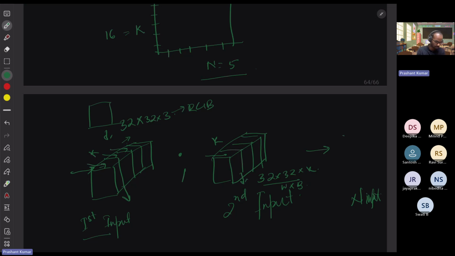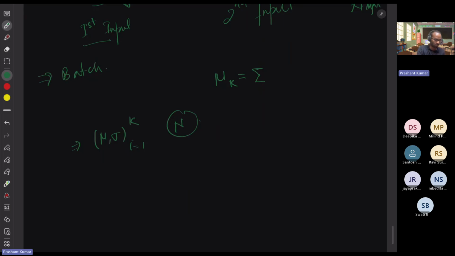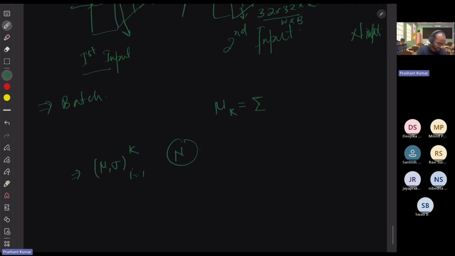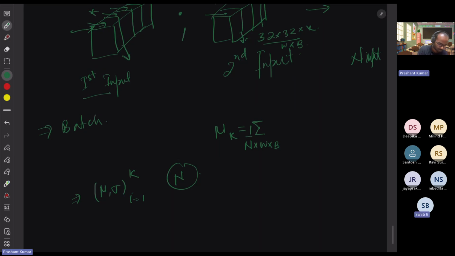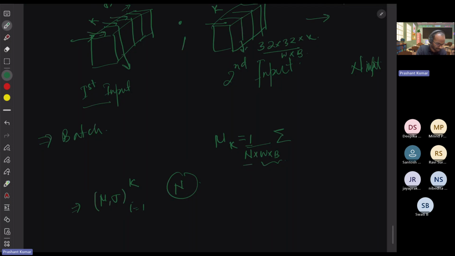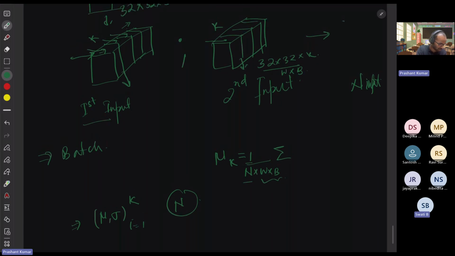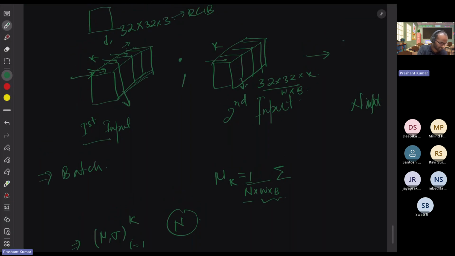Okay. So basically, if I am calculating this mu, I will do 1 by n of the sum over W cross B, right? For all this dimension, for all the inputs, I will be doing the summation over this input, right?